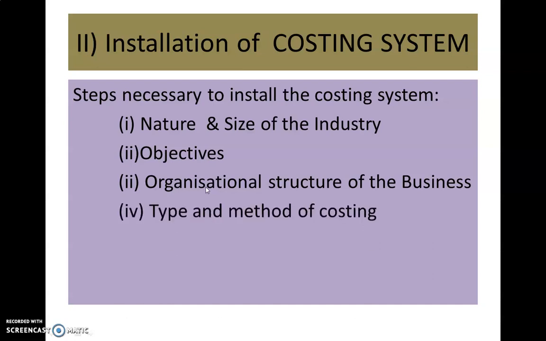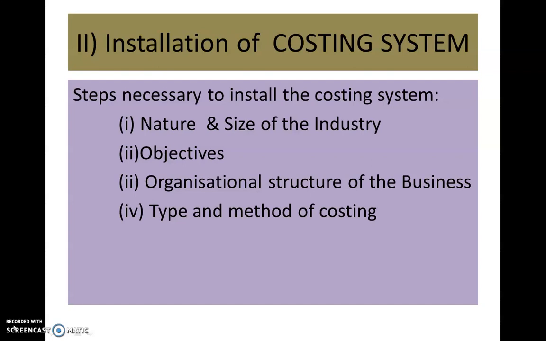The fourth important point is called type and method of cost. Already we discussed in detail the different types and methods of costing. So again, the nature of business will decide the type of costing to be introduced. For example, job costing, process costing, operating costing or unit costing.